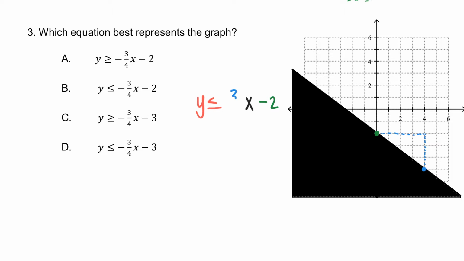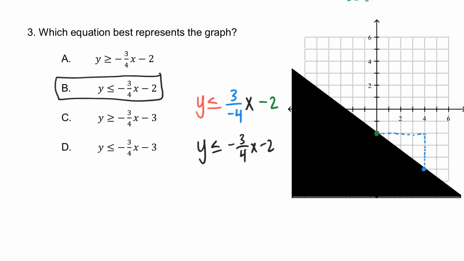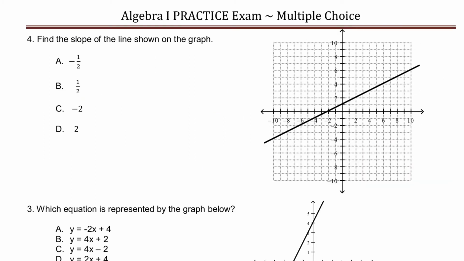So up 3, left 4 would be our slope there. So 3 over negative 4x minus 2. You can rewrite this as y is less than or equal to negative 3 over 4x minus 2, which would be option B right there.